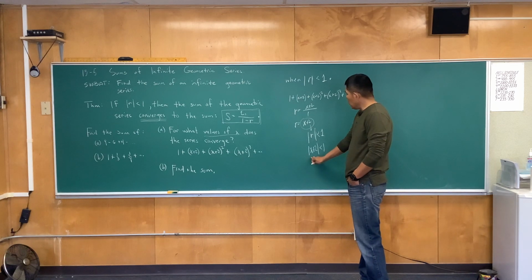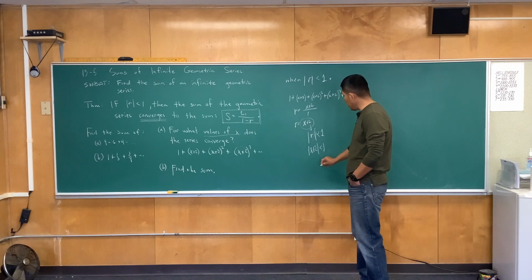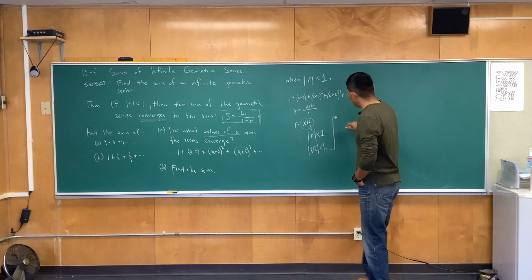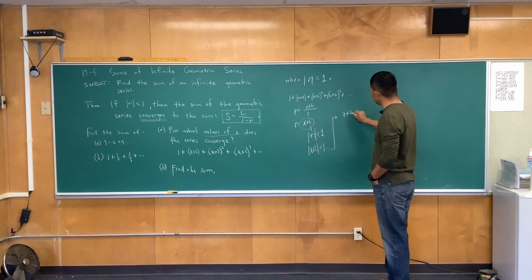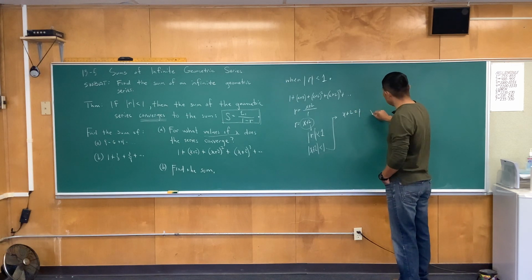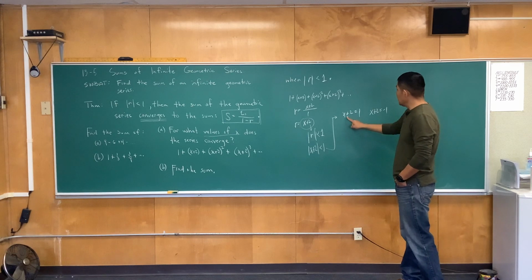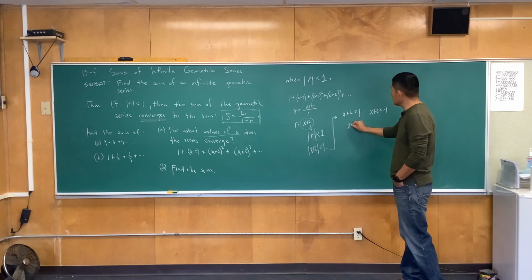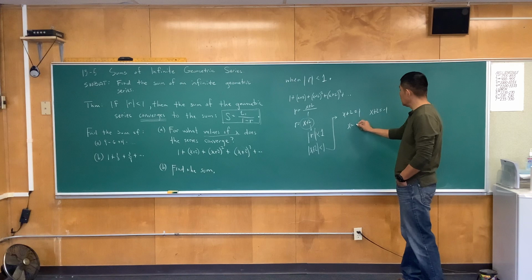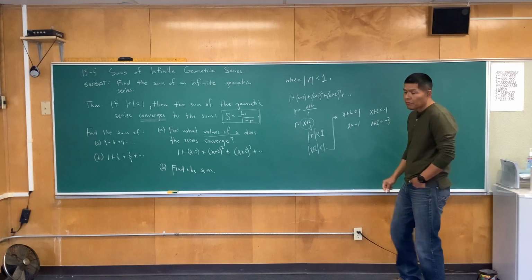Now when we're finding absolute values, we take x plus 2 equals positive 1, and then x plus 2 equals negative 1, because we're solving the inequality. Then we subtract 2 from both sides, and we get x equals negative 1 and x equals negative 3.